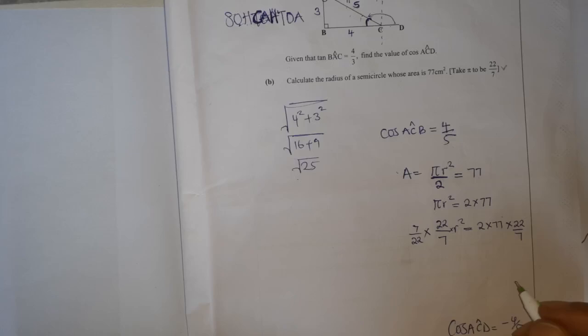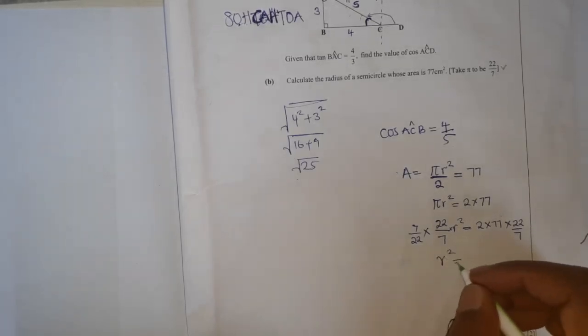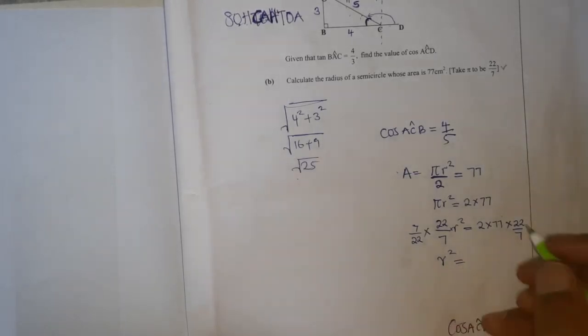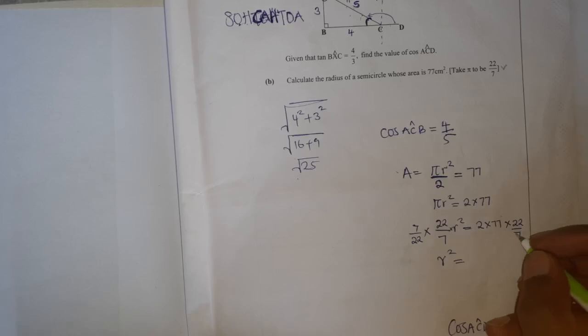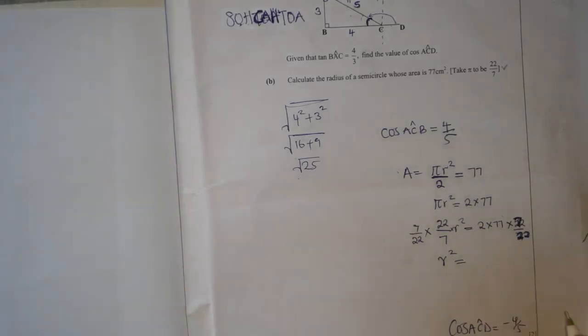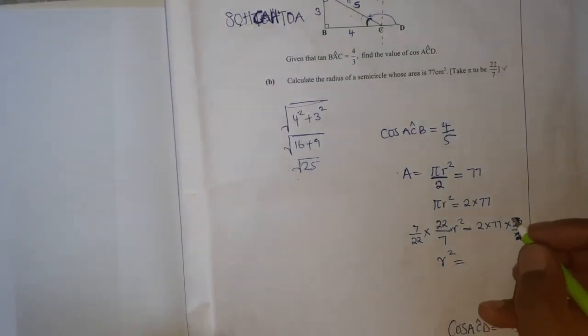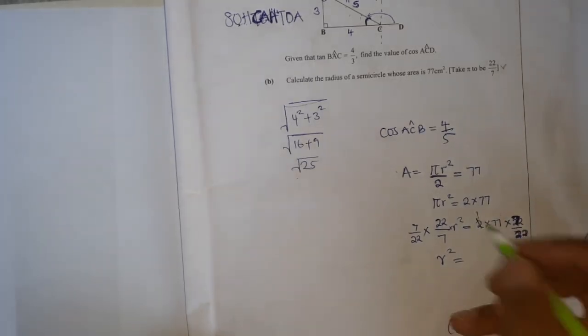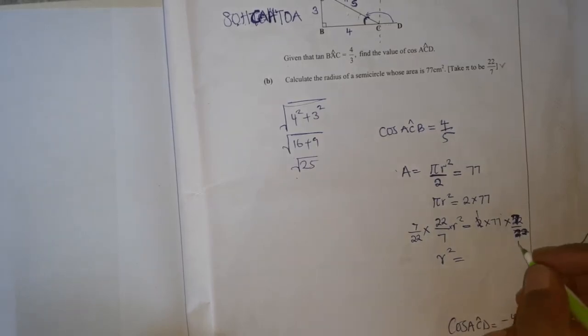So now, that is going to give us radius is equals to, remember, this side, 22 over 7 here. Okay? So, if we can look at simplification, 2 here, it will be 1. 2 into 22, it's 11.